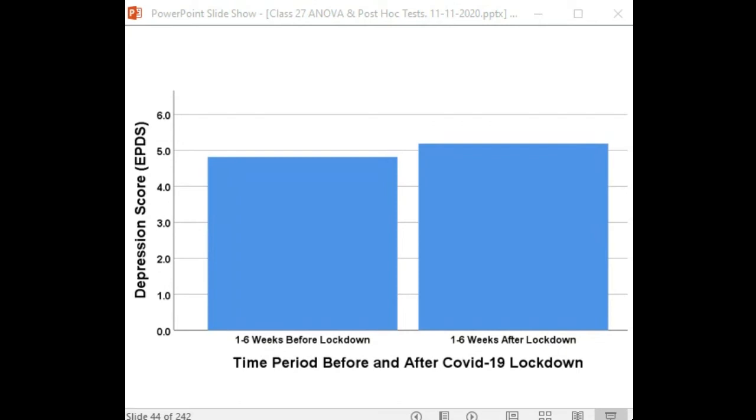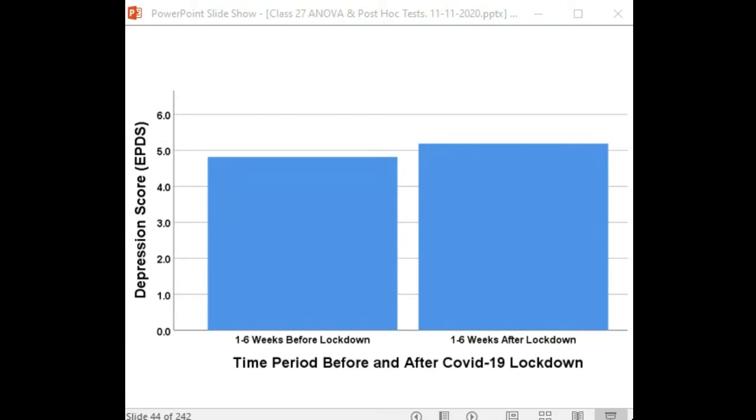The bar on the right shows the average depression scores of another group of pregnant women during the 6-week period immediately after their city went into lockdown. As you can see, these women had average depression scores that were slightly more than 5. So this is a comparison of depression scores right before the lockdown and right after the lockdown.